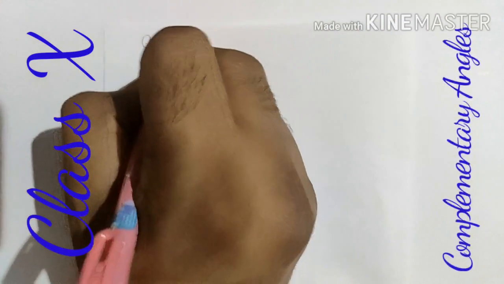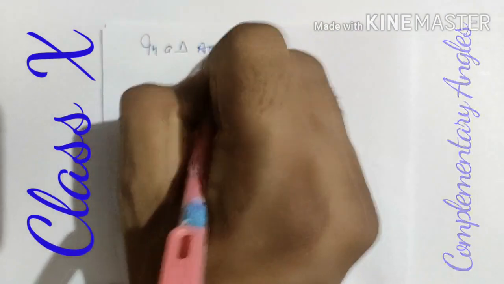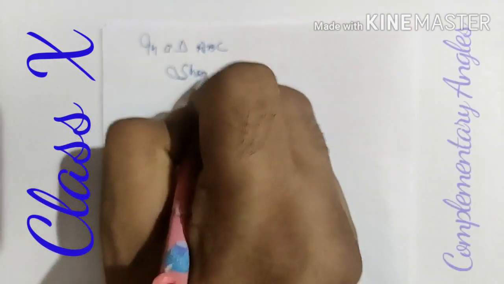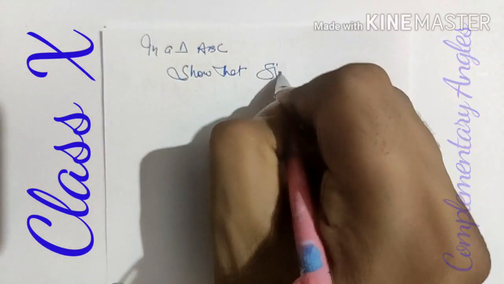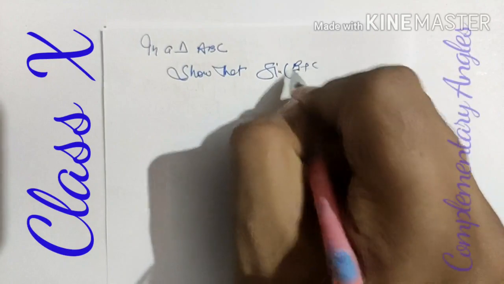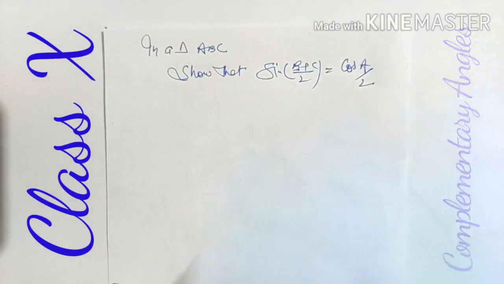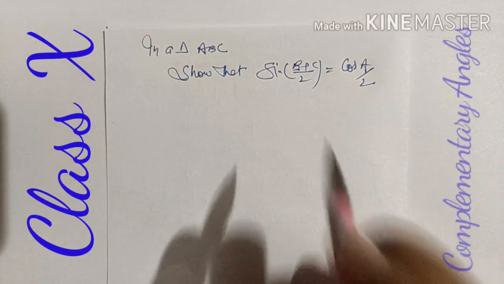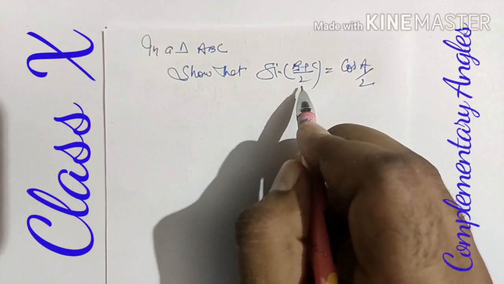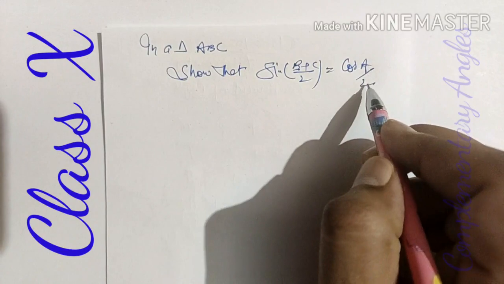Another important example we are going to take. In a triangle ABC, we have to show that sine of (B plus C) by 2 is equal to cos of A by 2. If you see here, the sum of two angles divided by 2 here, the third one divided by 2 here.